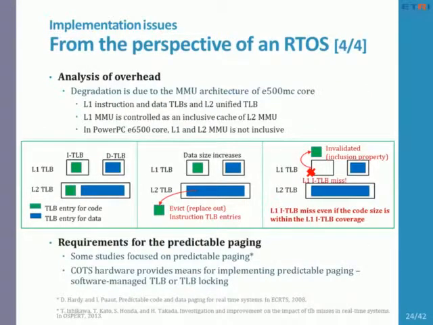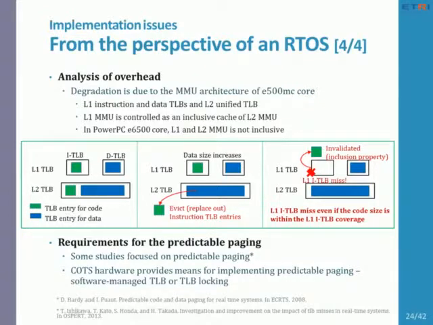Here's the scenario. There are 2 levels of TLB in the POWER core, and the L1 TLB has an instruction and data TLB, and the L2 TLB is a unified TLB. This green box is a TLB entry for code, and the blue box is a TLB entry for data.